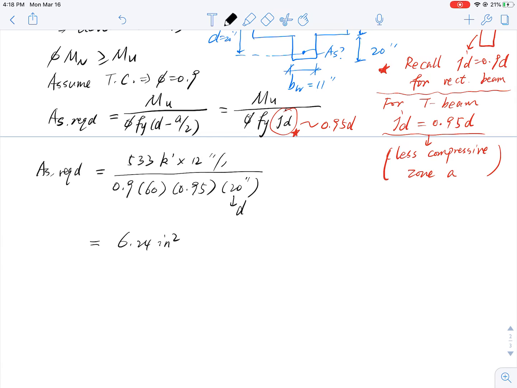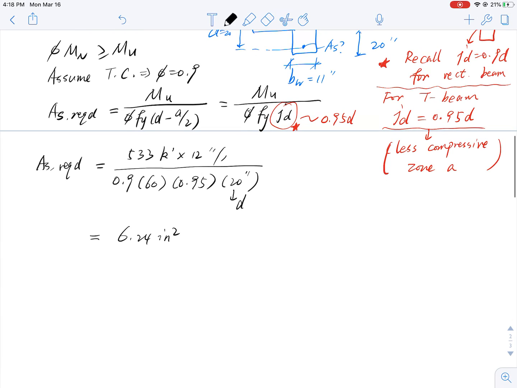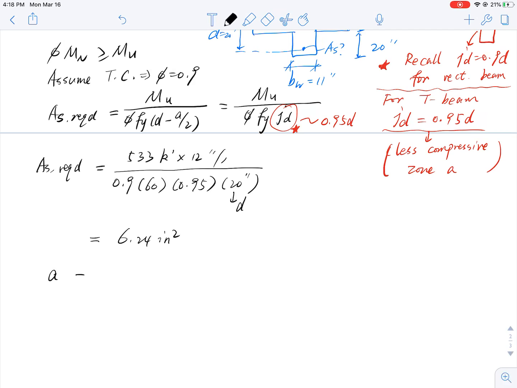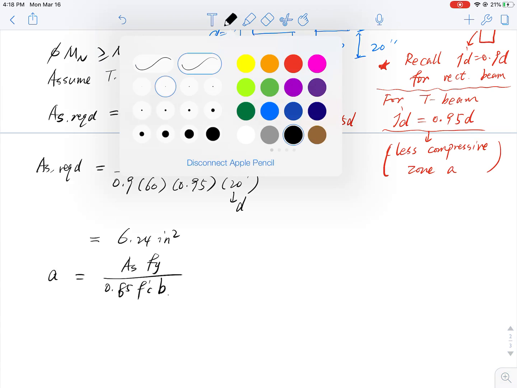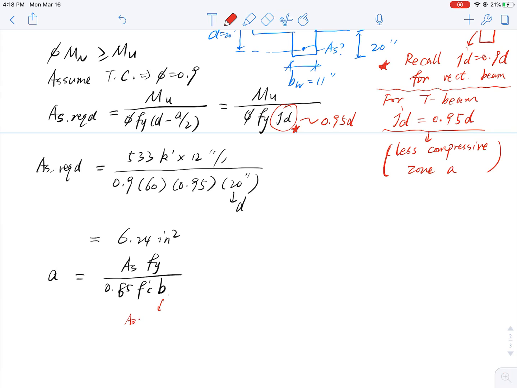So this is our analysis. But now I need to actually find out a, equal to what? As Fy divided by 0.85 f'c b. Okay, so what is this number now? Should we say bw or be? So for now, let's assume our compressive zone is smaller than hf.